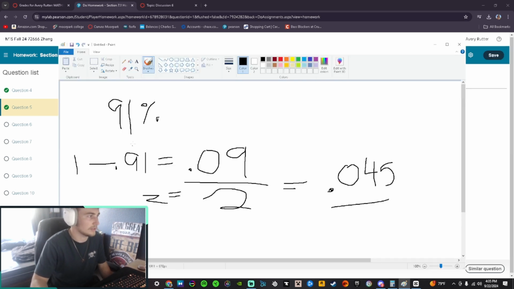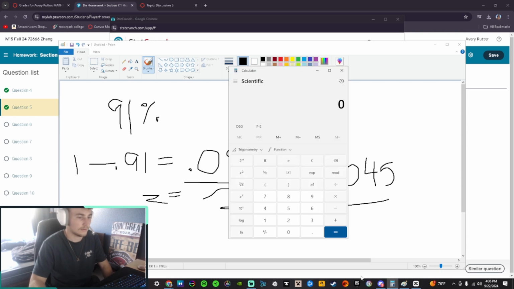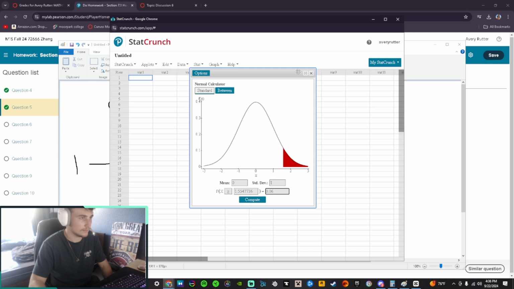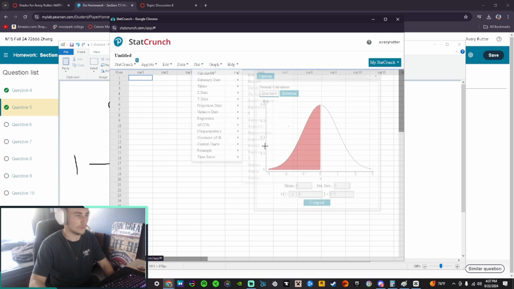It's as easy as just converting the percentage to a decimal, subtracting it from 1, dividing it by 2, and then opening up StatCrunch, pulling up the calculators, going to normal.